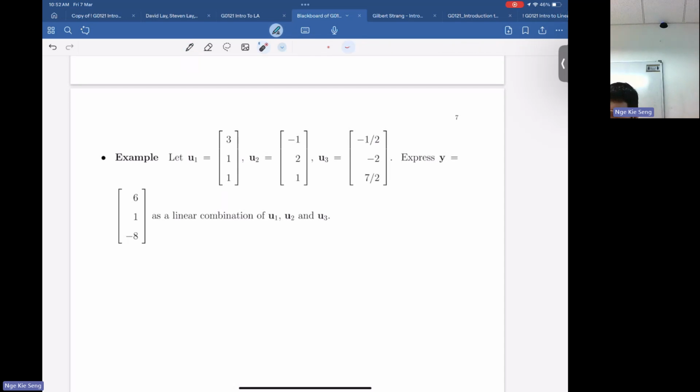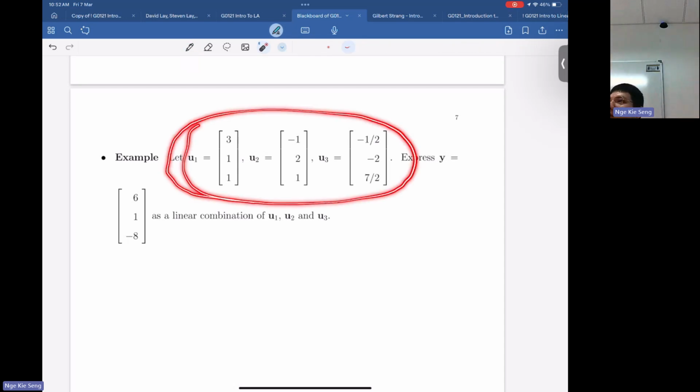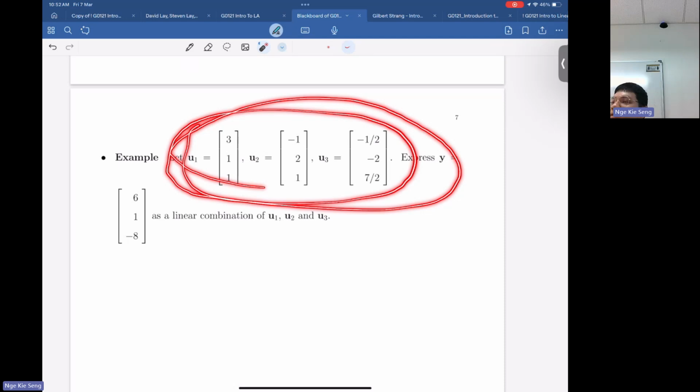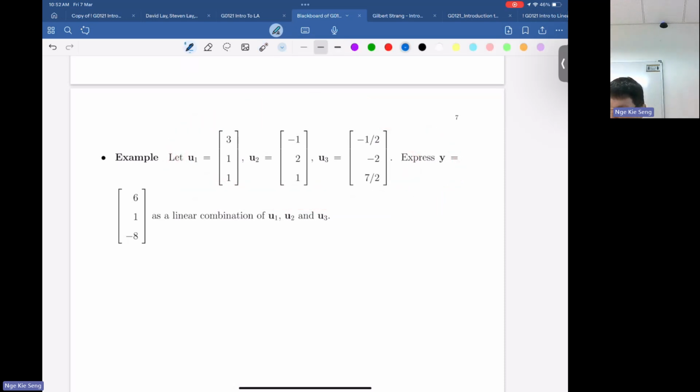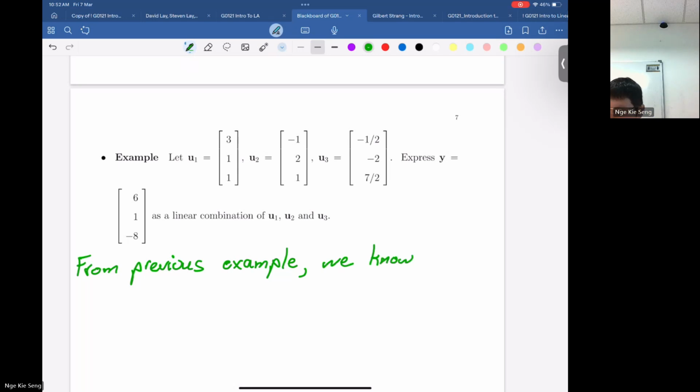Because notice that this U1, U2, U3 is from the previous example. We know that U1, U2, U3 form an orthogonal set, or they are orthogonal to each other.